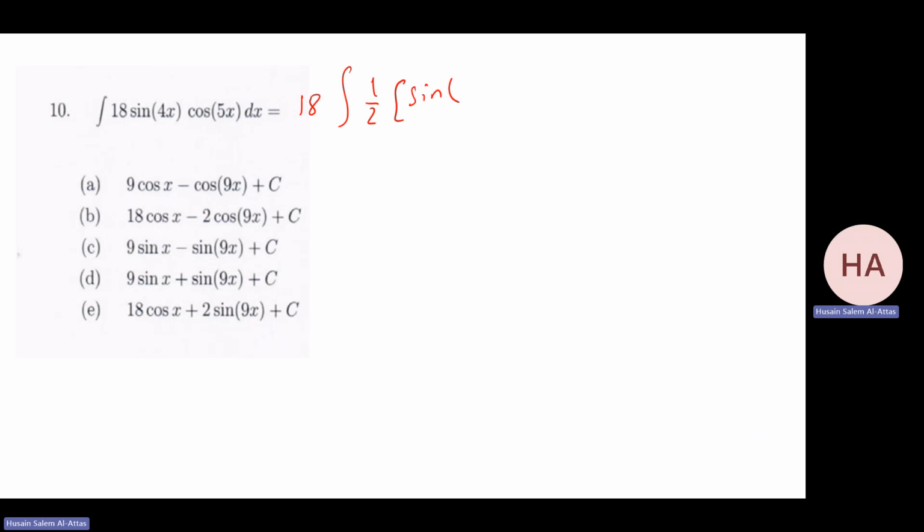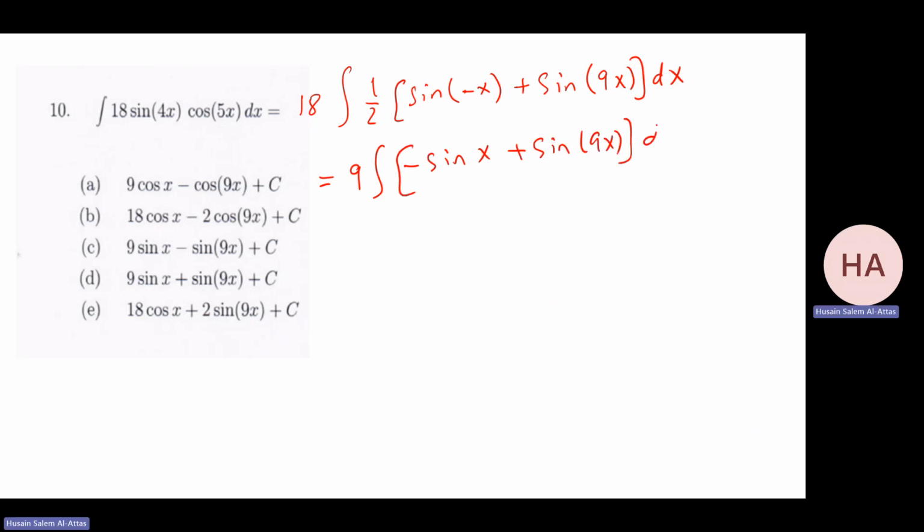Sine the difference, which is minus x, plus sine the sum, which is 9x. Now that will make a difference. That will be 9 integral of minus sine x plus sine 9x dx.